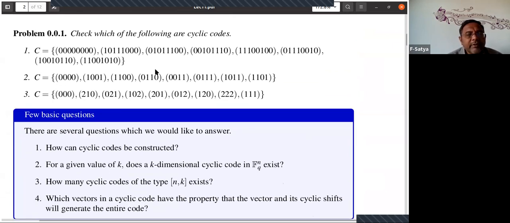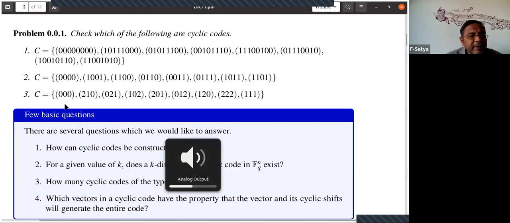Somebody can see the last one and check. Mehak, are you here? Yes, sir.